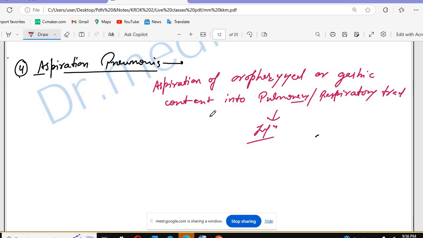Of course, whenever we do anesthesia, during anesthesia time, there is a high chance of aspiration of any oropharyngeal or gastric content into the respiratory tract. And that's why we tell the patients NPO, nil per oral, from before 6 hours, before 8 hours, according to the surgery, so that they should not aspirate any oropharyngeal or gastric content into the respiratory tract.